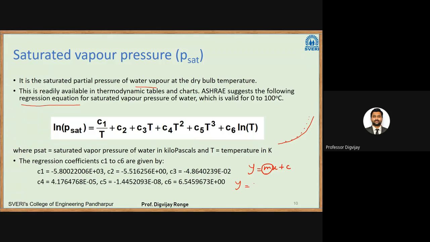It will be like ax square plus bx plus c. In that case you have to find the constant values of a, b and c. Likewise, Antoine did those experiments and obtained this equation, and these are the constant values. This is again not part of the syllabus, but it is an important concept, saturated vapor pressure.